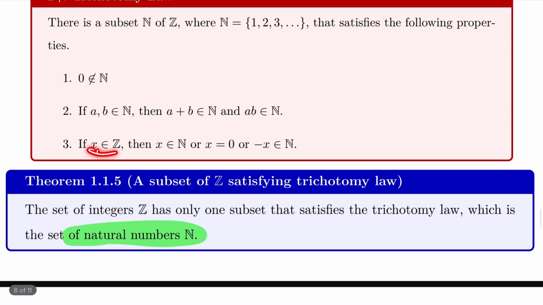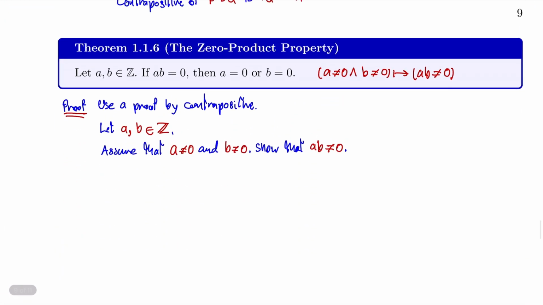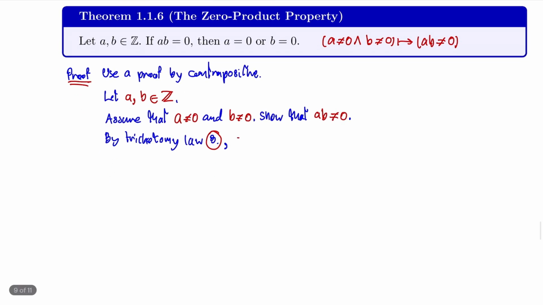If x is an integer, x can be a positive integer, it can be 0, or it can be a negative integer. So let's use the trichotomy law, the third one. a and b are integers and they are not 0, right?